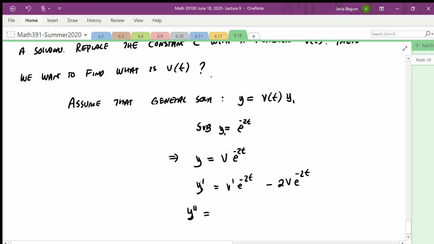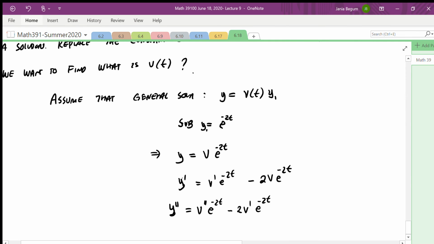To compute the second derivative, we use the product rule again. So we have v double prime e to the negative 2t, then minus 2v prime e to the negative 2t. Now differentiate the second piece: negative 2v prime e to the negative 2t plus 4v e to the negative 2t. Let me know if you have any questions.